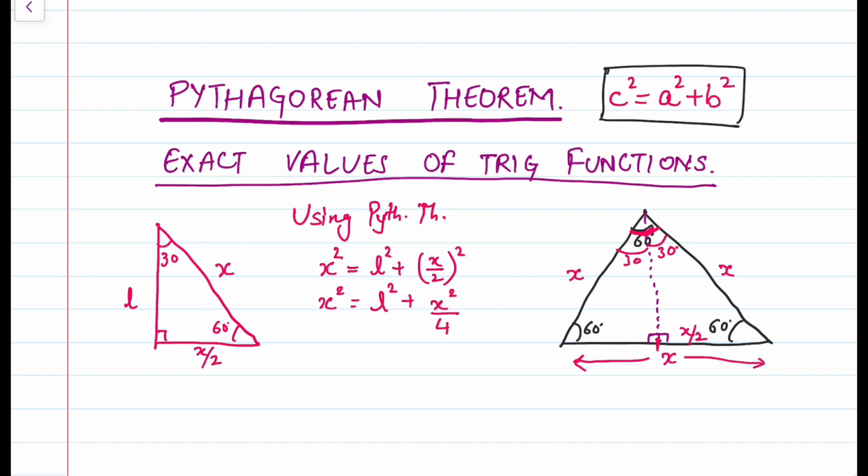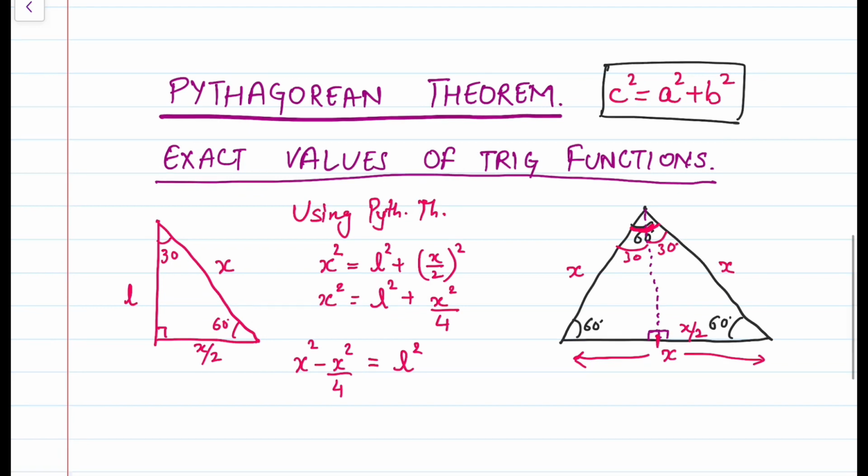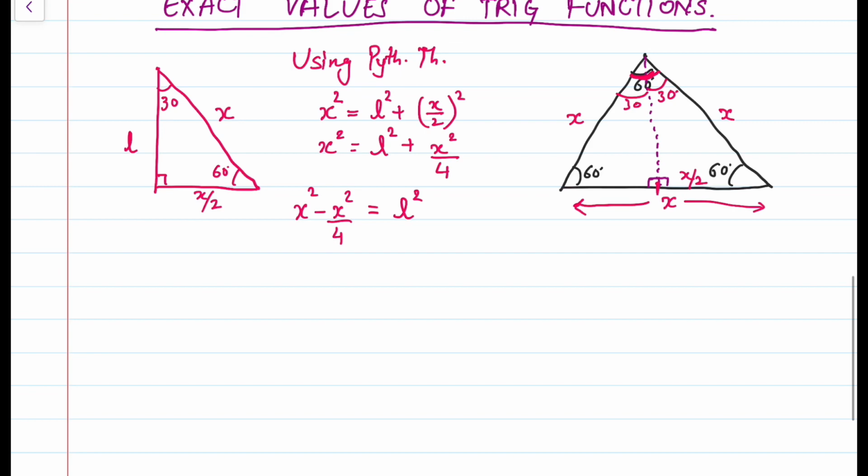Right, so leave L squared there, and then we can say x squared minus x squared over 4. Now one thing, just an algebraic thing: if x squared is equal to L squared plus x squared over 4, we can also write it as L squared is equal to x squared minus x squared over 4. It's exactly the same thing.